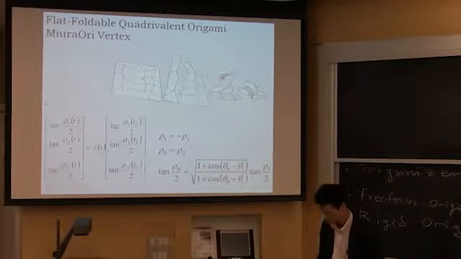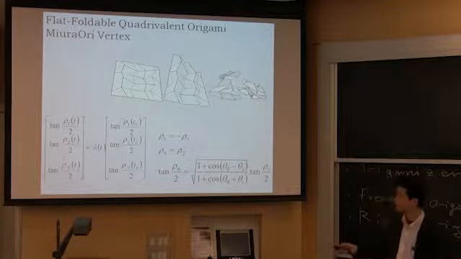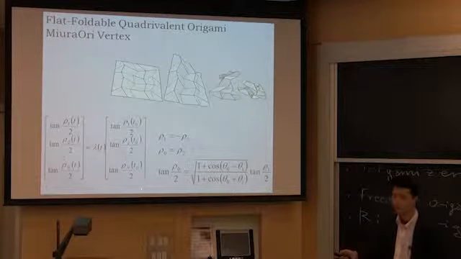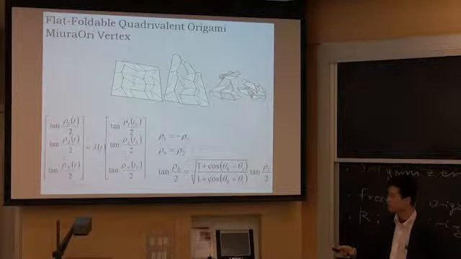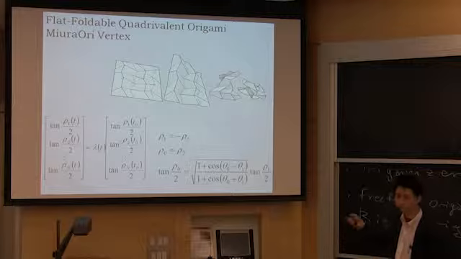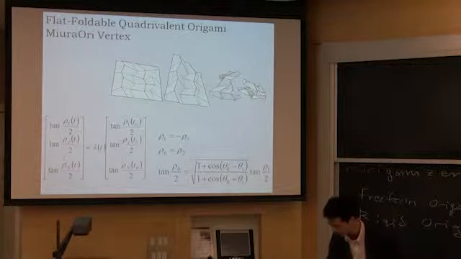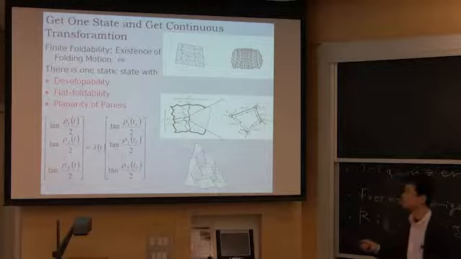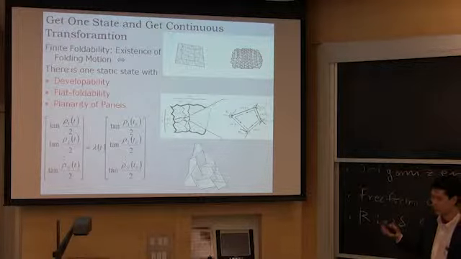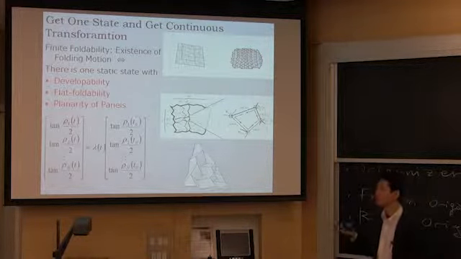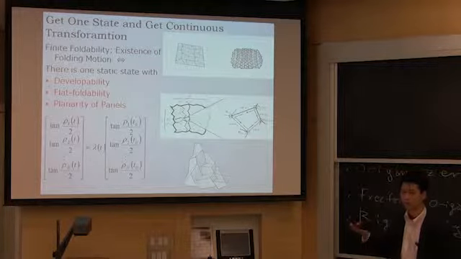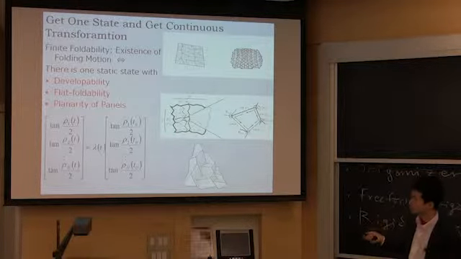This is very useful, because if you find one configuration that works, then you will have continuous folding that works. Anyway, in this way, you can make a sufficient condition for making a quadrilateral mesh rigid foldable.